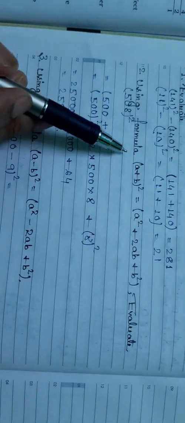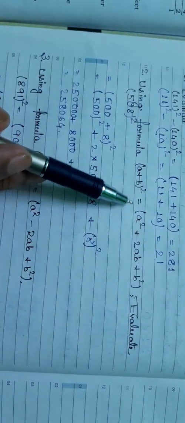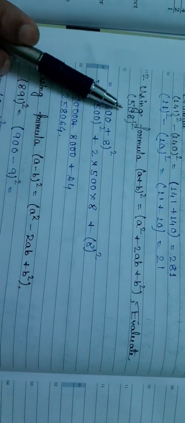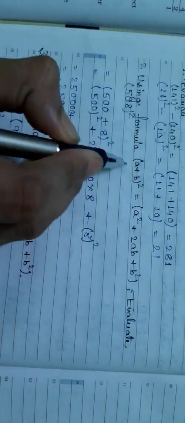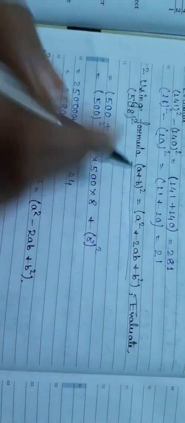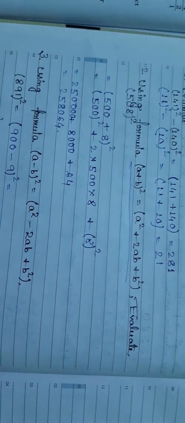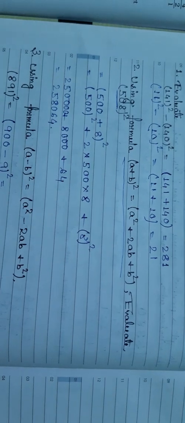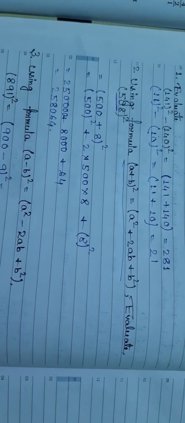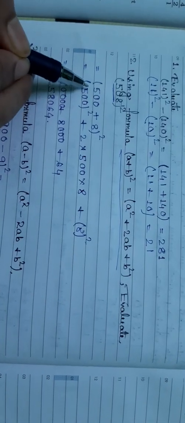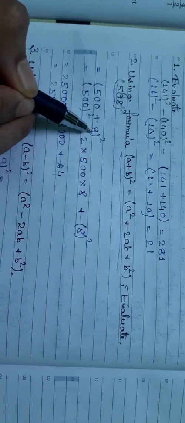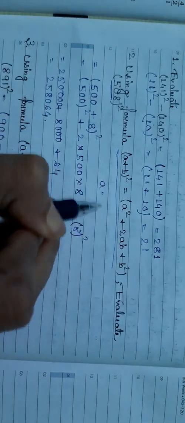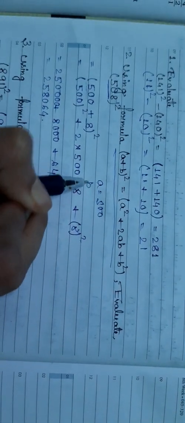Next, using the formula (a plus b) whole square equals a square plus 2ab plus b square, evaluate 508 whole square. In this case, just see the formula. We have to break the number 508 into two parts. See, 508 equals 500 plus 8. So we get a plus b, where a is 500 and b is 8.